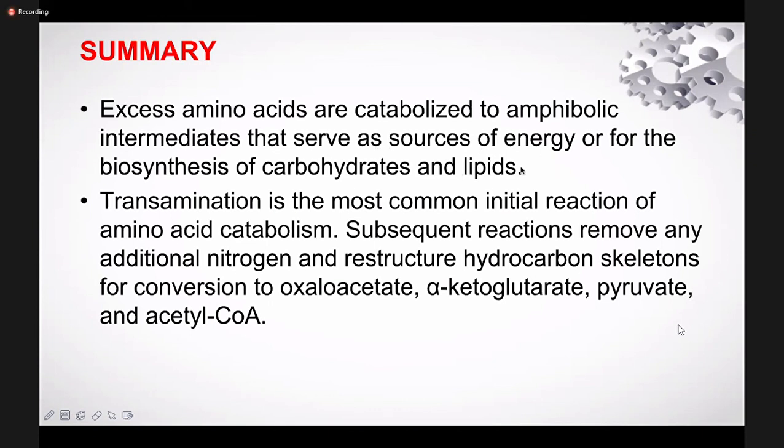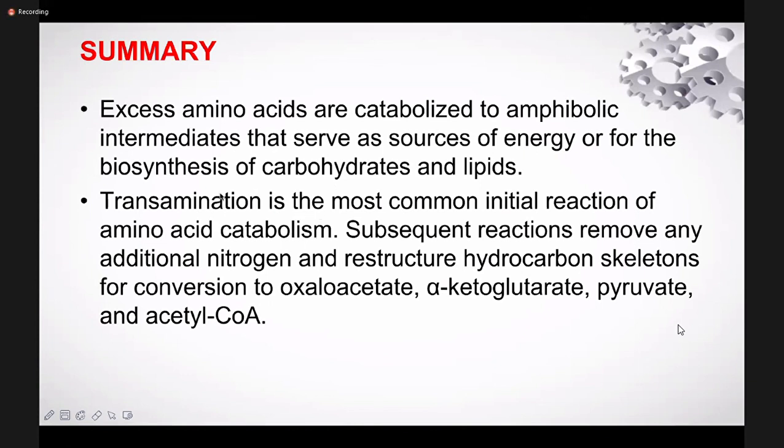So we can recall that the end products go back as alpha ketoglutarate, needed for carbohydrate synthesis, or as succinyl-CoA, or as pyruvate, or acetyl-CoA. So from that, we can see that protein, carbohydrate, and lipid are really interconvertible. It is just a transfer, and they just form other metabolites or intermediates.